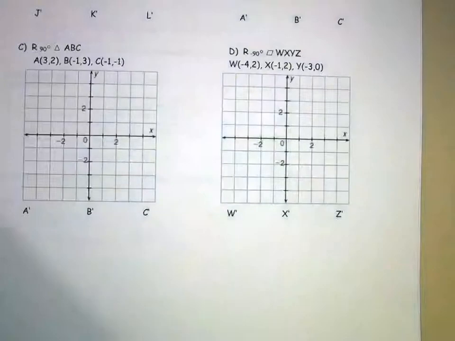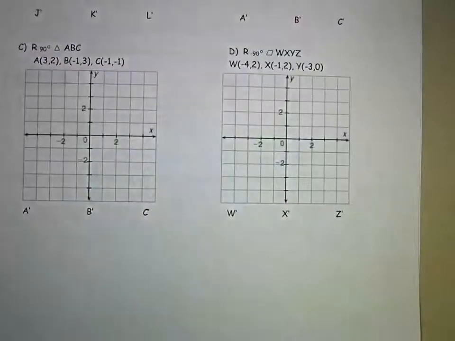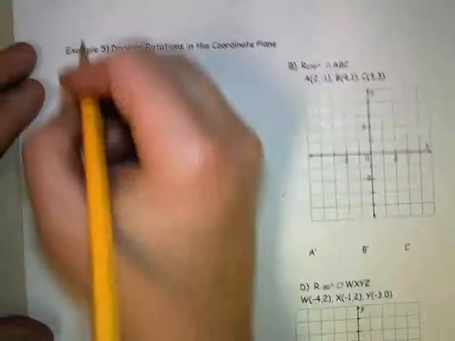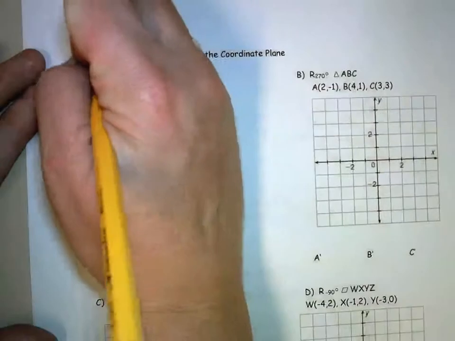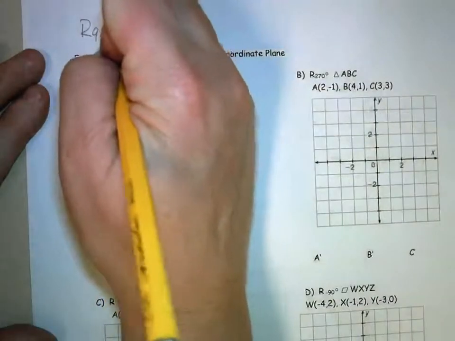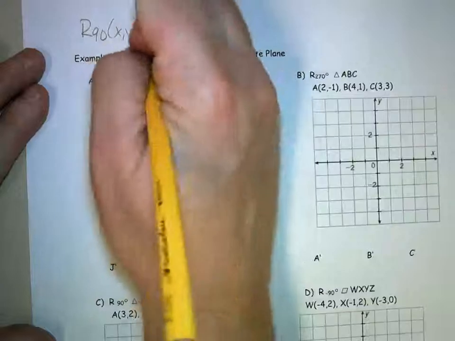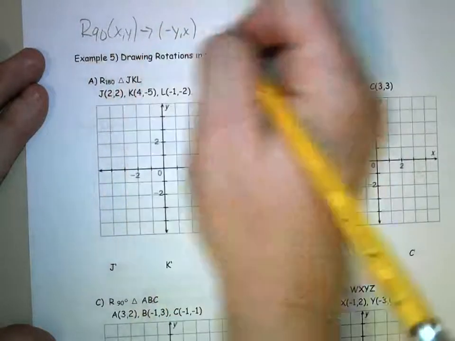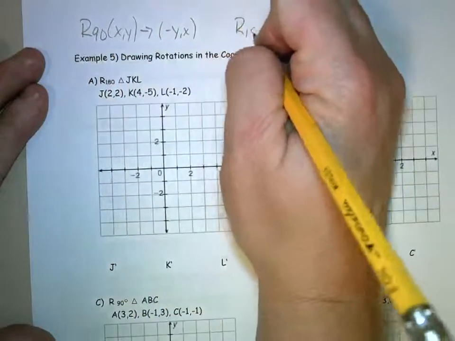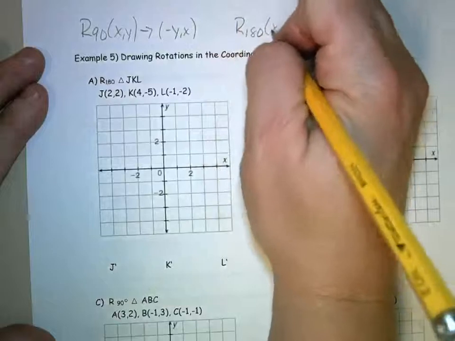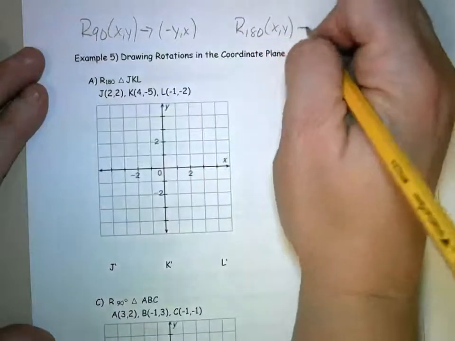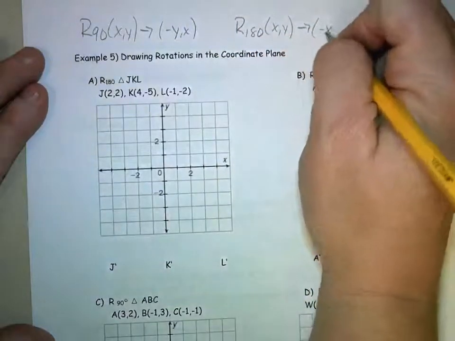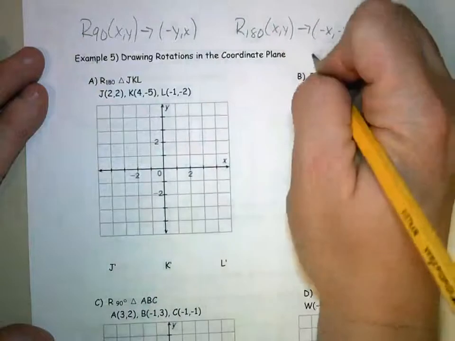So I'm going to take a minute, and at the top of my next paper, I'm just going to write those rules. Rotation of 90, start with (x, y), that becomes (-y, x). Rotation of 180, (x, y) becomes (-x, -y).